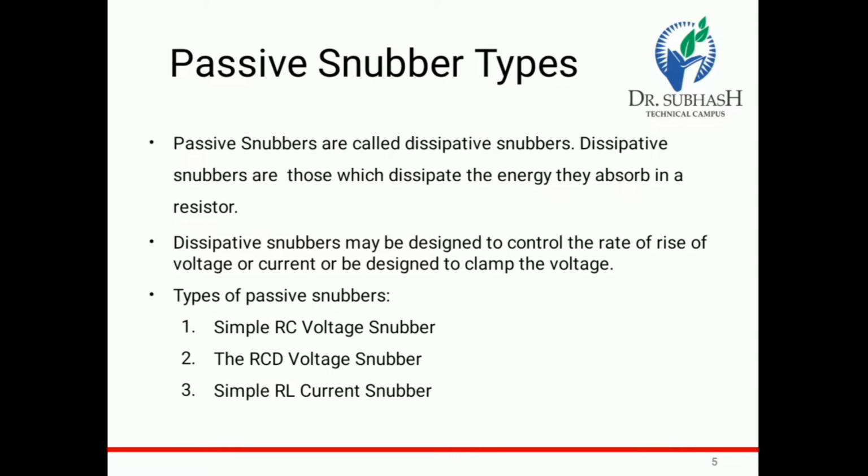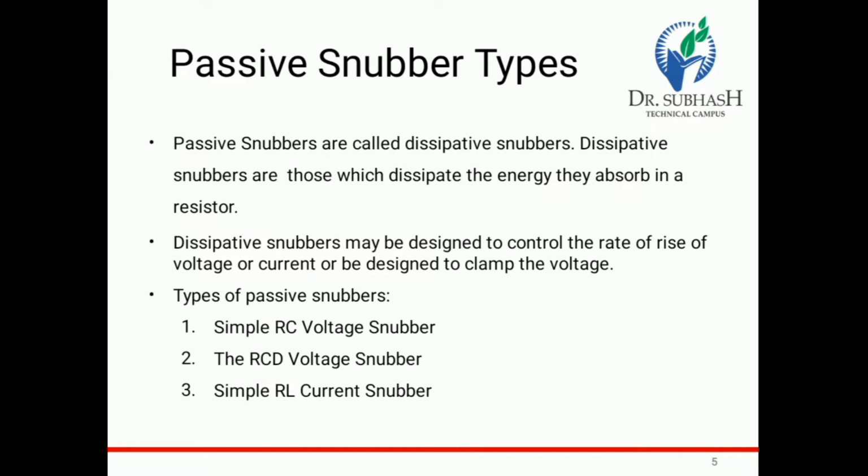The third is the simple RL current snubber circuit, for which we utilize a resistor and inductor. The first and second are used as voltage snubber circuits, and the third is used as a current snubber circuit.